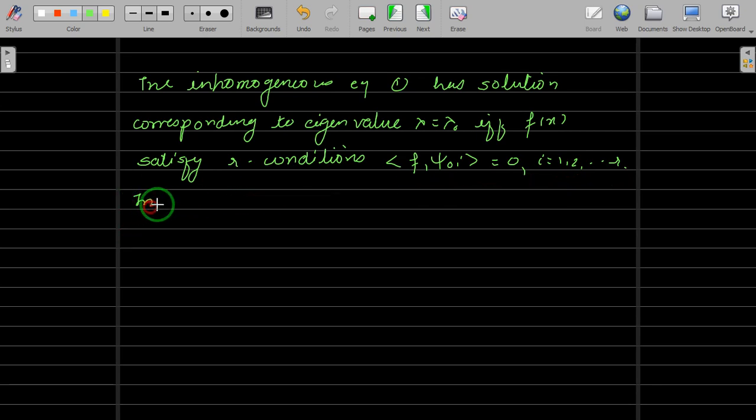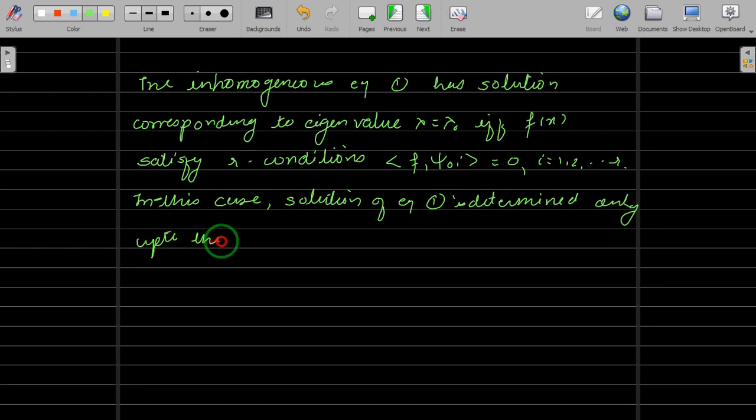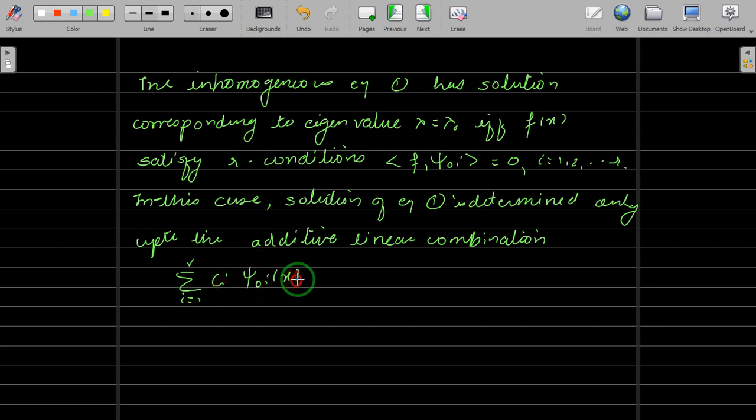In this case, the solution of equation 1 is determined only up to an additive linear combination, so linear means an additive linear combination, that is, some constants Ci times psi 0i of x, right?